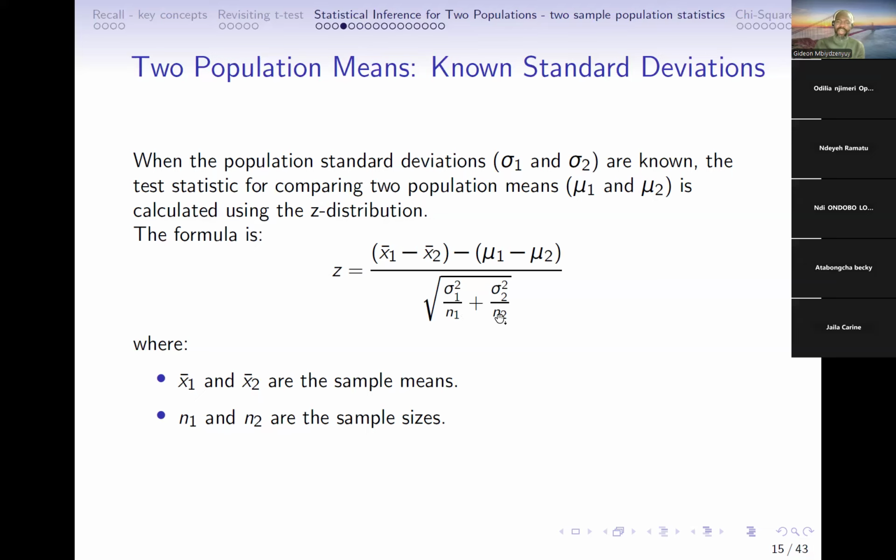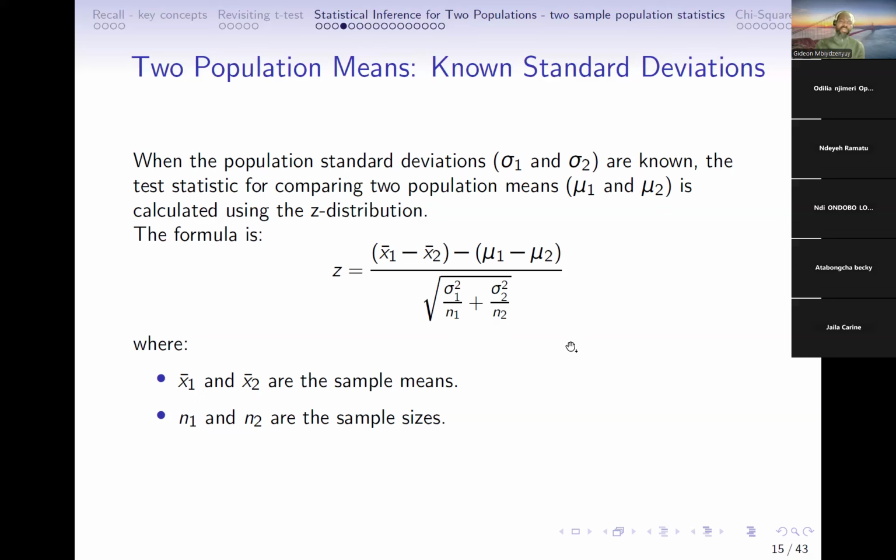N1 and N2, on the other hand, are for the sample. So sigma 1, which is the population 1 standard deviation, divided by N1, which is the number of data points in sample 1, the number of responses, the number of people who receive the treatment in your sample, the number of students that you use in your sample is the N1 here for group 1, N2 for group 2.